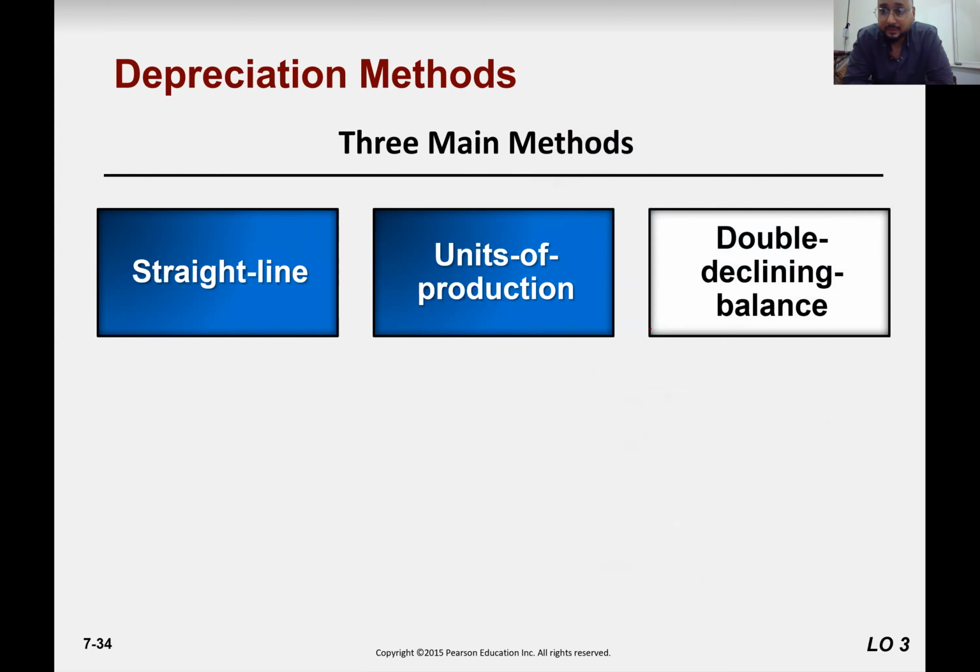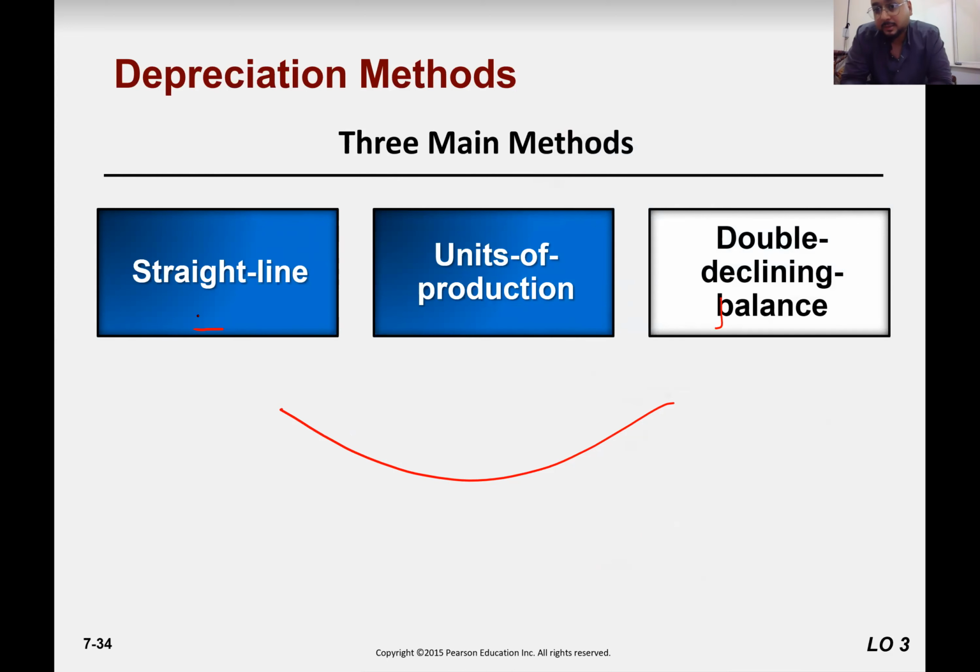So, double declining method, as its name implies, double. So it means it has something to do with 2 times. So double declining method is twice of the straight line method, but there is a small trick here.